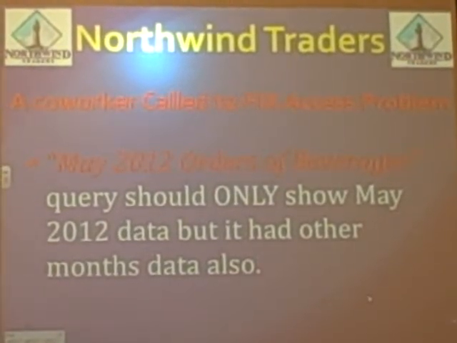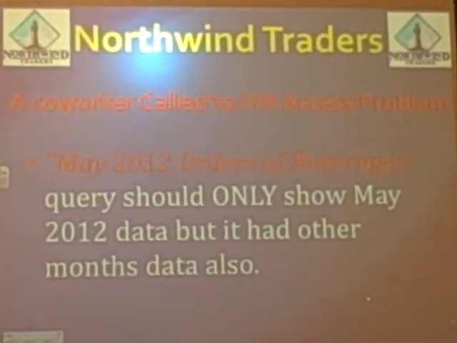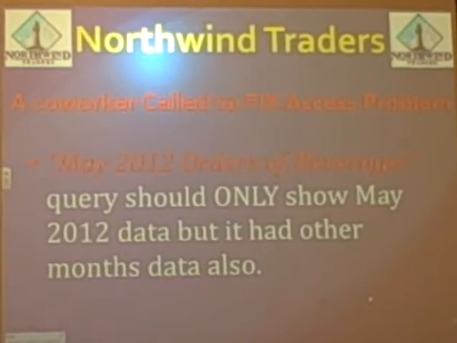And this is one of the examples. One of our departments calls and says they are having a problem. The query should be displaying the data for the month of May, but it's also displaying the data from the other months. We go out and try to troubleshoot it.